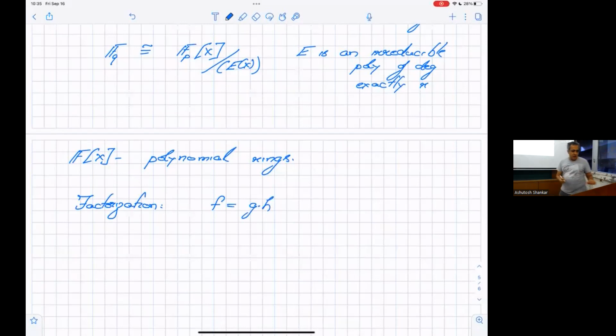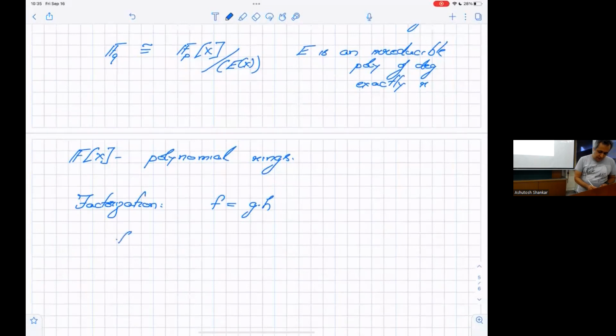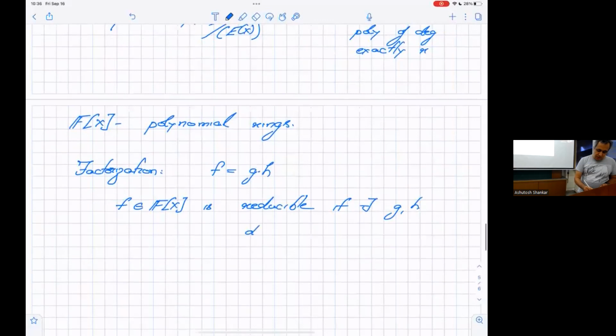And reducibility: f(x) is reducible if there exist g, h such that degree of g and degree of h are both greater than 0 and less than degree of f, and you have f equals gh. You have a non-trivial factorization.